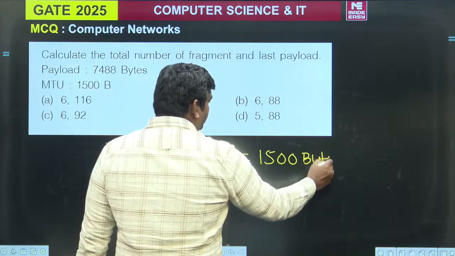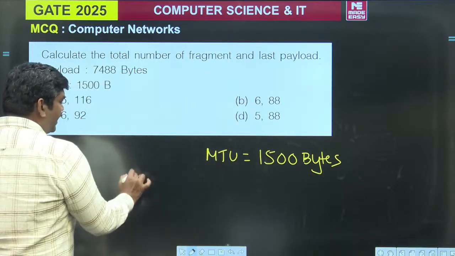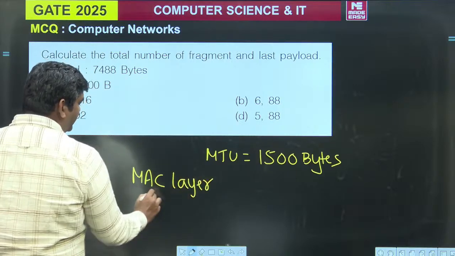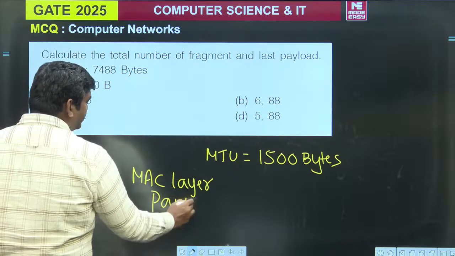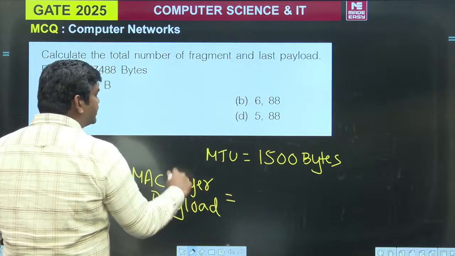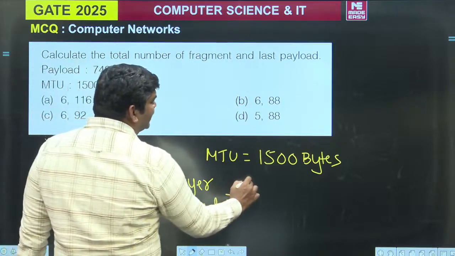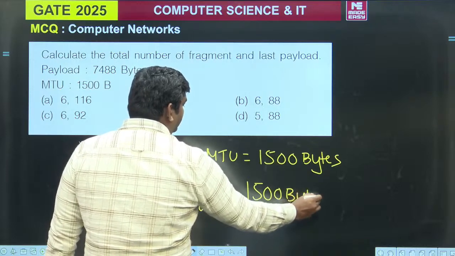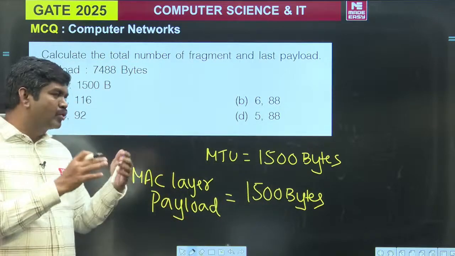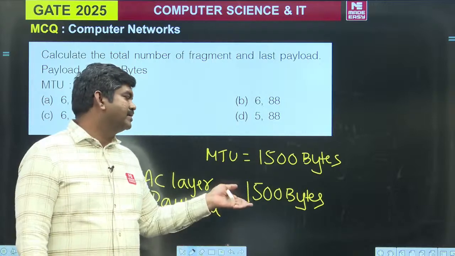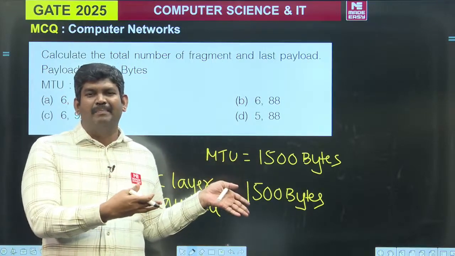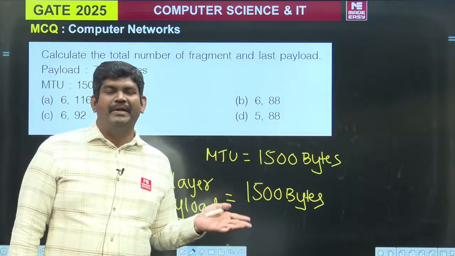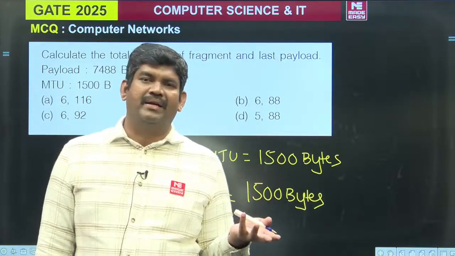Okay, sometimes they can also give it as the MAC layer payload, just a word to confuse you. So this MAC layer payload you can also take as 1500 bytes. So it indicates that it is excluding the data link layer header. So it contains the IP header but not the MAC layer. So anyway for the fragmentation you don't require the MAC layer header.